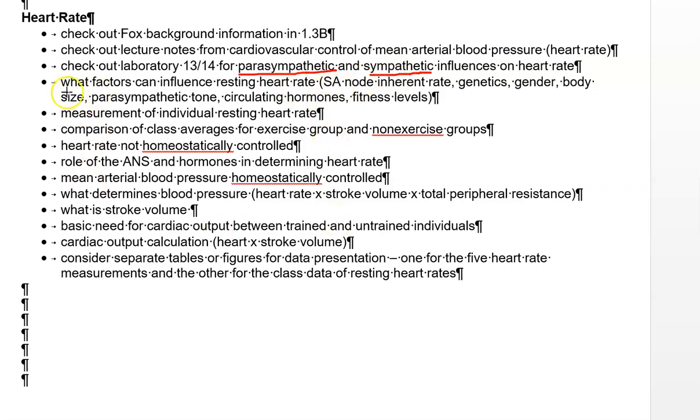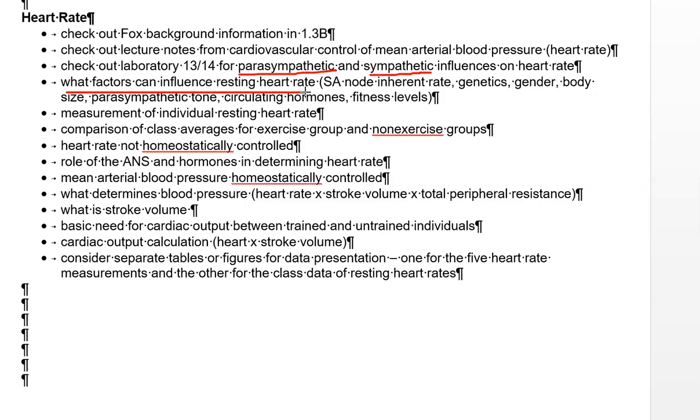You should probably discuss what factors can influence resting heart rate. The factors would be, not exclusively, but when you look at the different things, the inherent rate of the SA node, how genetics plays a role, the gender, whether you're male or female, how body size influences it, maybe the parasympathetic tone.